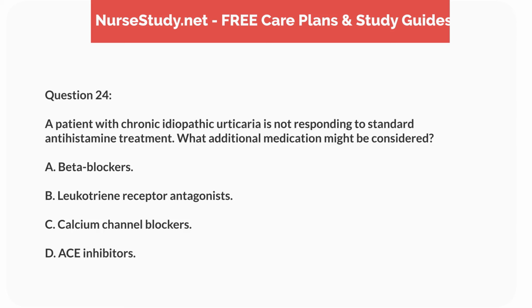Question 24. A patient with chronic idiopathic urticaria is not responding to standard antihistamine treatment. What additional medication might be considered? A. Beta blockers. B. Leukotriene receptor antagonists. C. Calcium channel blockers. D. ACE inhibitors.